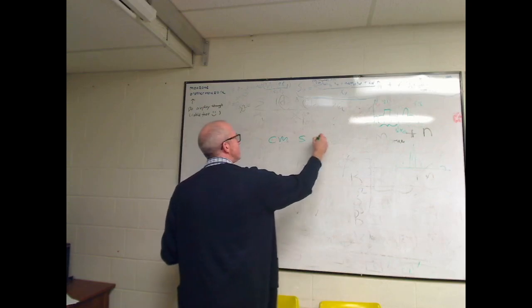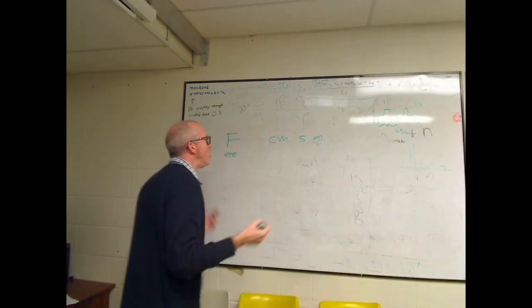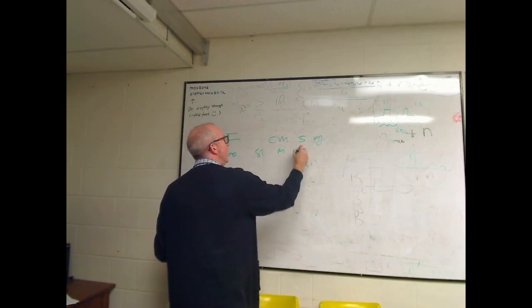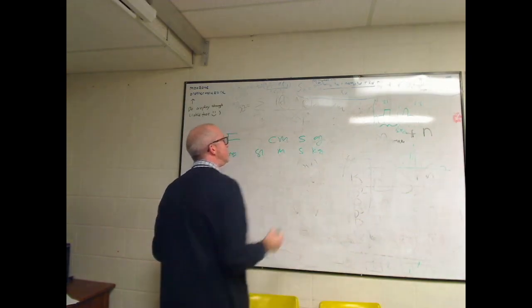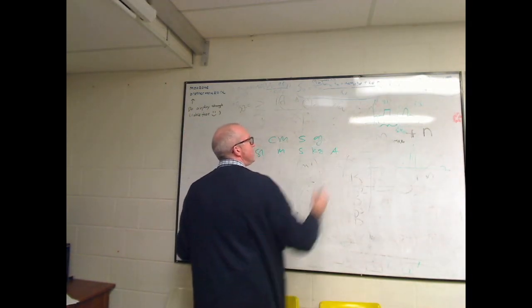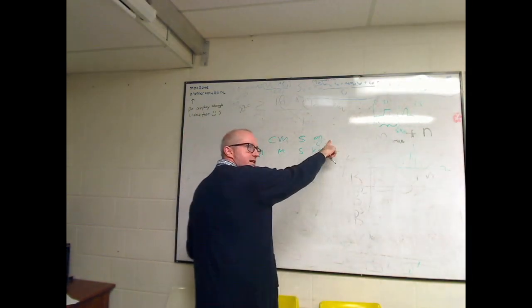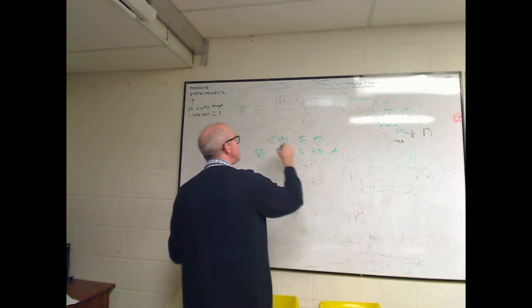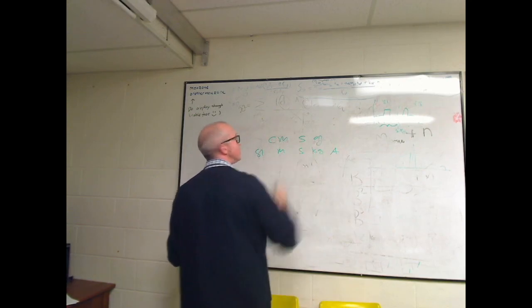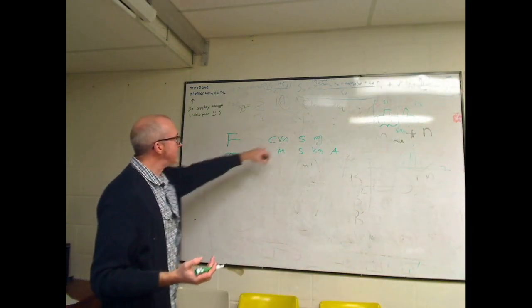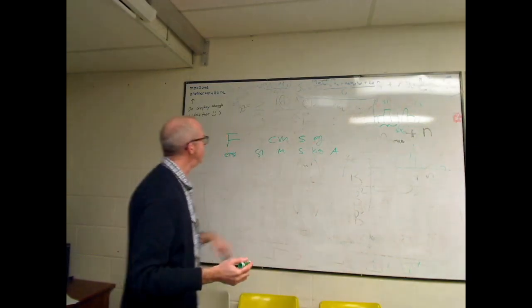I use the centimeter-gram-second system versus the SI system, which is meters, kilograms, and seconds. SI also includes the ampere, where CGS does not, and that is why I use CGS. I'll explain that later. There are some weird and complicated reasons why astronomers all use CGS. So everything's in centimeters, grams, and seconds.